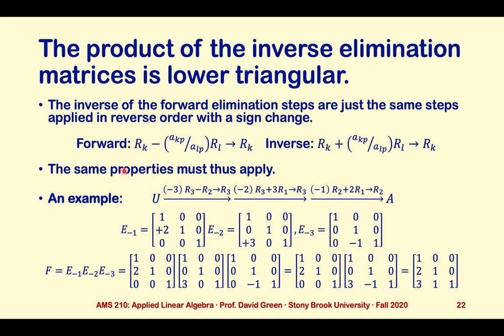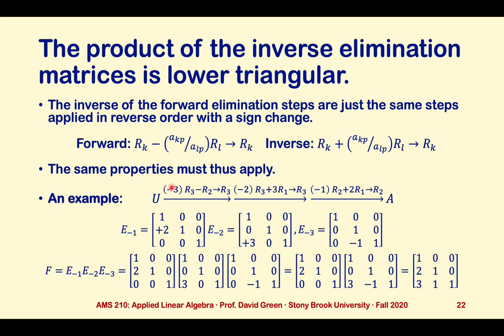So applying the same example that we just looked at, but now going backwards, U to A, would be subtracting the second row from the third, and then adding 3 times the first row to the third, and adding 2 times the first row to the second. We can again generate the same sorts of matrices.